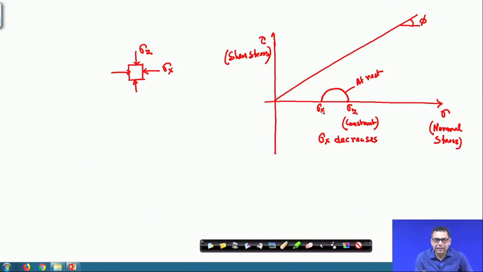Sigma x decreasing means that the sigma x value will shift towards the origin. So, the next Mohr circle will be this one, where this is the minimum sigma x.